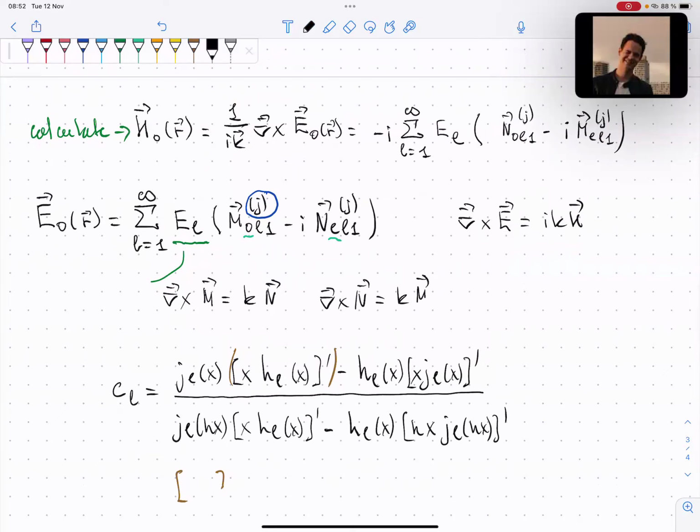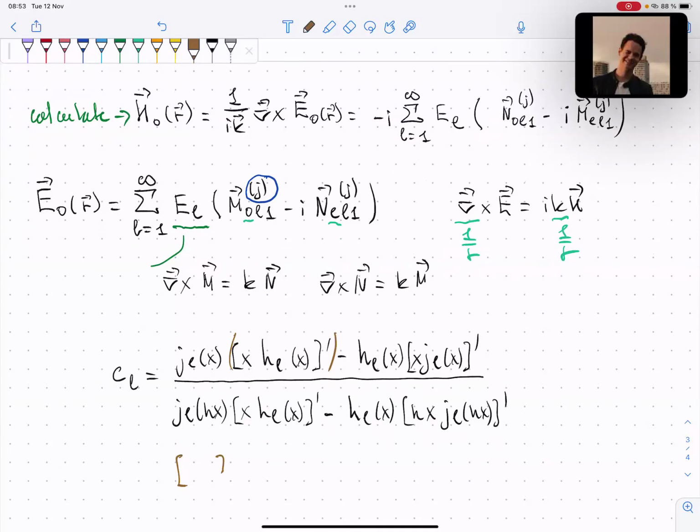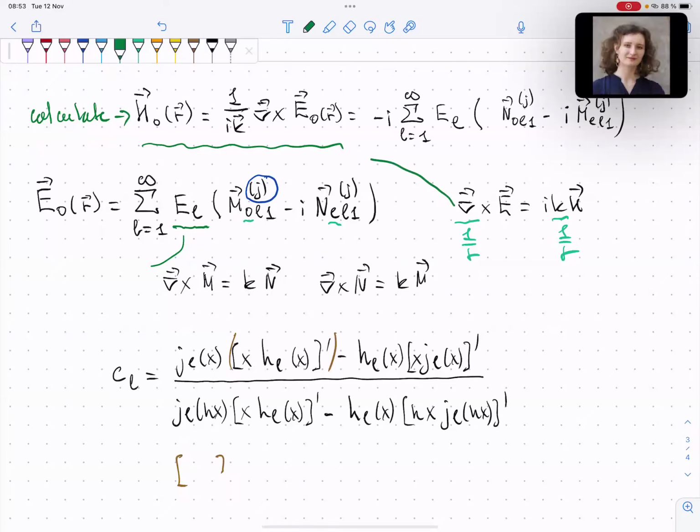Well, actually, in the CGS system the dimensionality of the magnetic and electric field should be the same, because from this equation this guy is like 1 over R, and this guy is also 1 over R. Yes, it's just from the Maxwell equation.